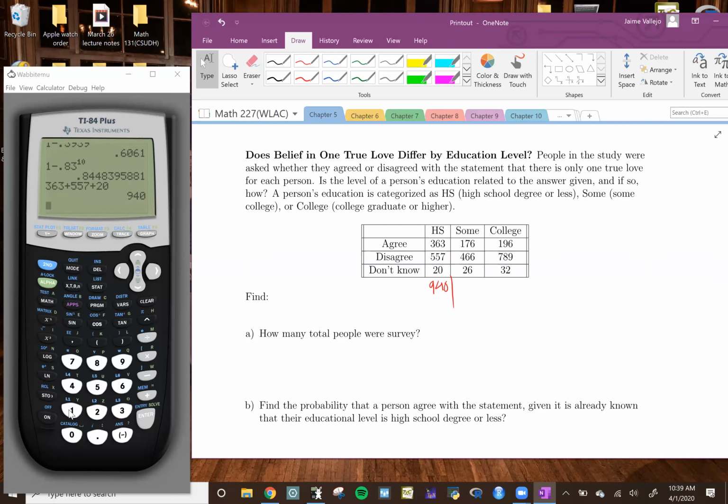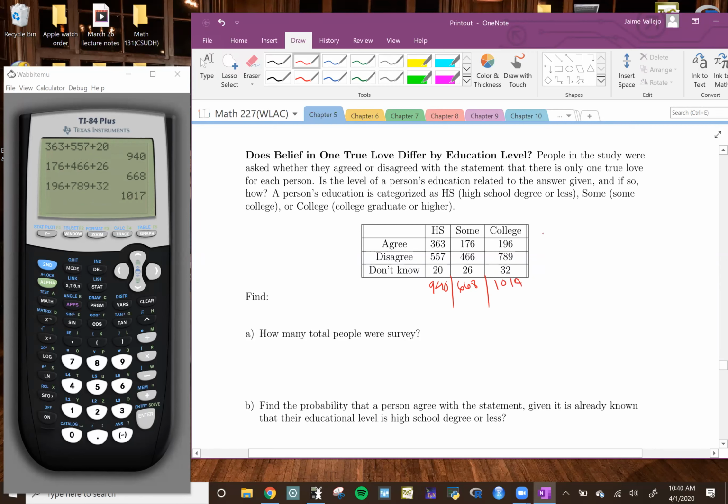Then we'll say 176 plus 466 plus 26, so you get 668. Lastly, we'll do 196 plus 789 plus 32, and you get 1017.